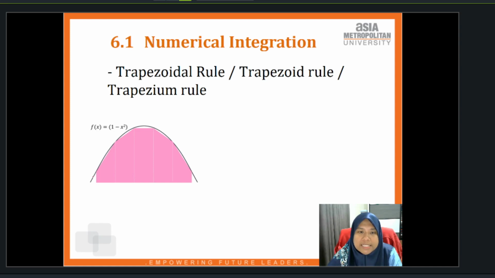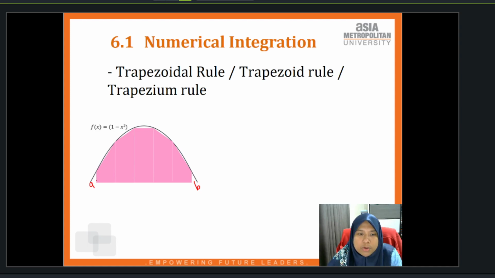Okay, let's say we have this kind of graph. If we integrate normally from here, let's say here is A, here is B, we are going to get the area under the graph. But let's say we draw part by part.